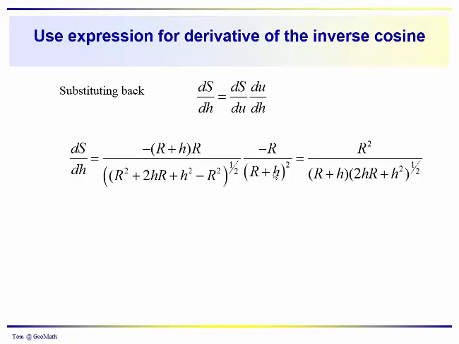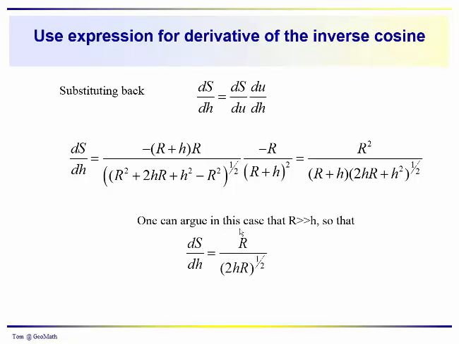Times minus r over (r plus h) quantity squared. And these r's cancel out, with r plus h canceling this one out. So we end up with r squared over (r plus h) times (2hr plus h squared) to the 1/2 power.